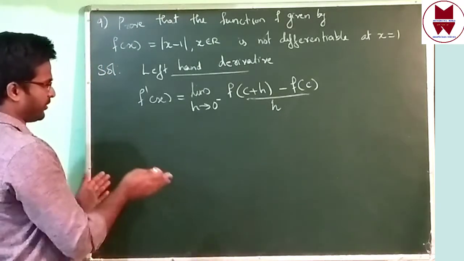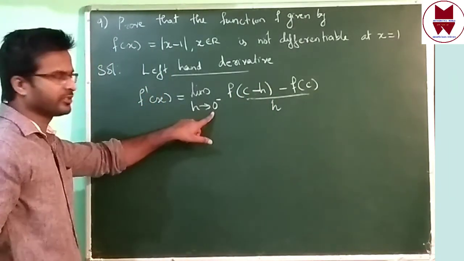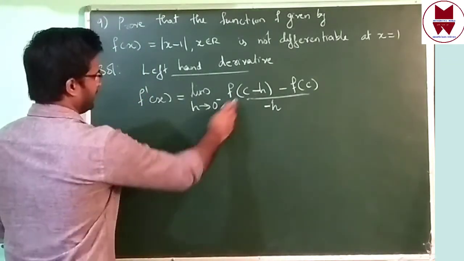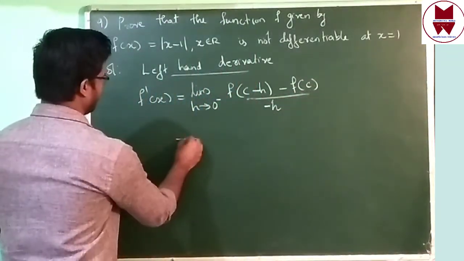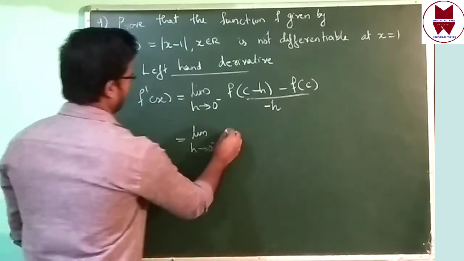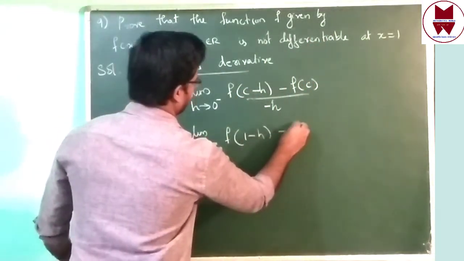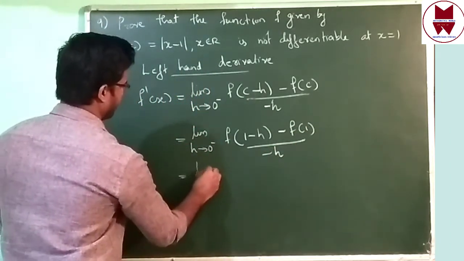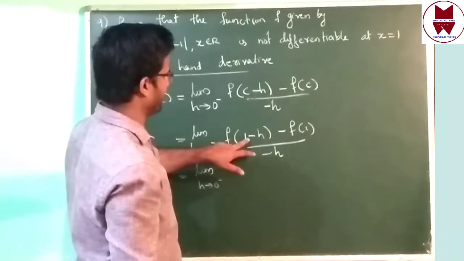Before, I told you we are going to take the left hand side, that means we have to write minus h. Left side of 0 will be negative, isn't it? Here also we can take 1 minus h. Then c means our point x equal to 1. We can write limit h tending to 0 minus, f of 1 minus h minus f of 1 divided by minus h.